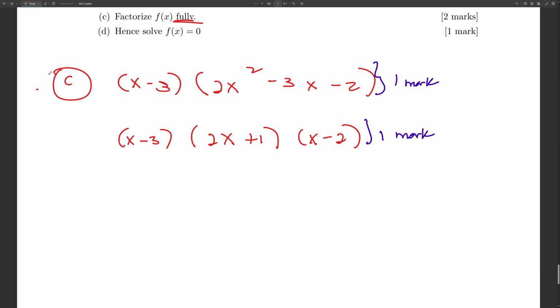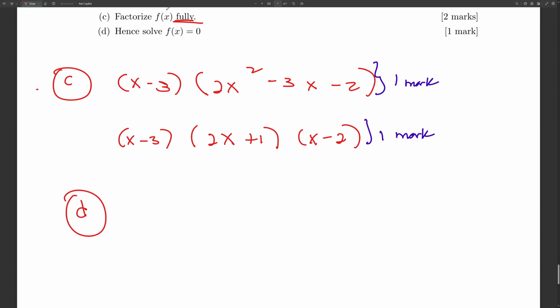Now we're going to move on to part D, which says, hence, solve f of x is equal to 0. So this is part D. So what does that mean? Solve f of x is equal to 0. Well, again, lucky for us, these questions are set up in such a way that each part flows seamlessly, in that when you do one part, for the part that follows you need to make use of the previous part of the question.